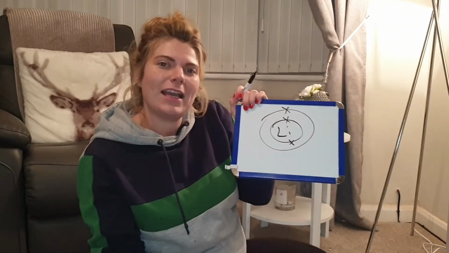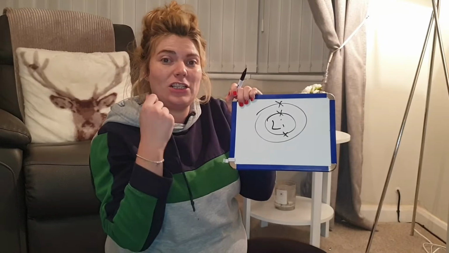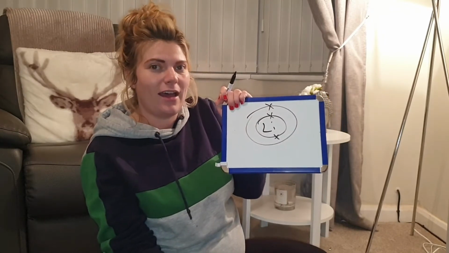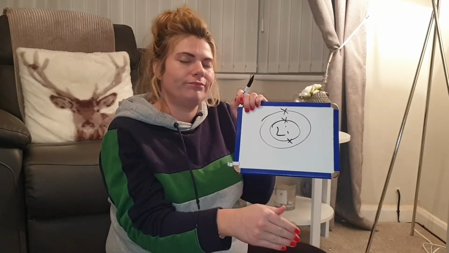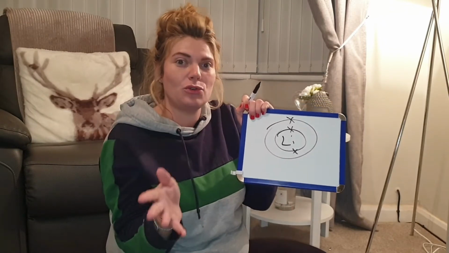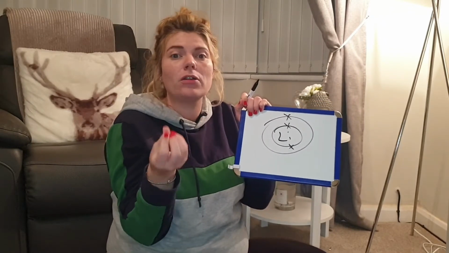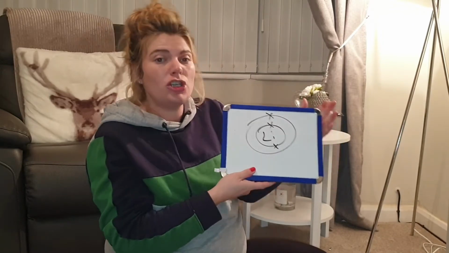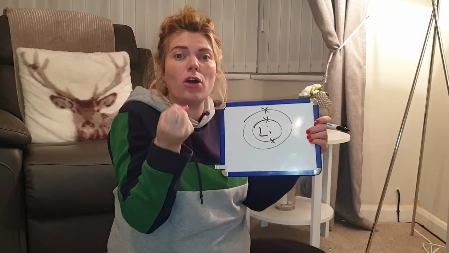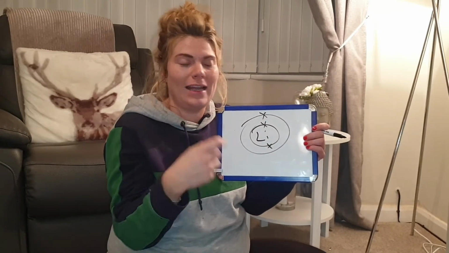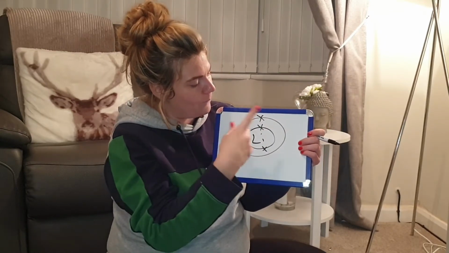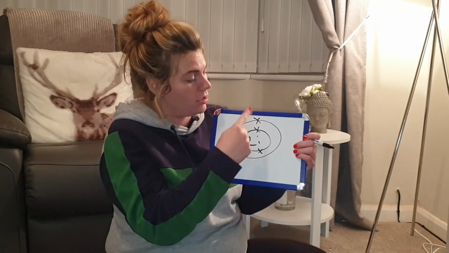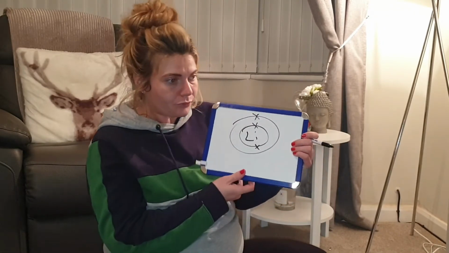Now, these electrons, if you remember, are negatively charged. The nucleus, which is the centre, is where the protons and the neutrons live. The protons have a positive charge and the neutrons have no charge, they're neutral. So the nucleus is actually positive because it's got the protons in it. And then the shells are negatively charged because the electrons are negative.